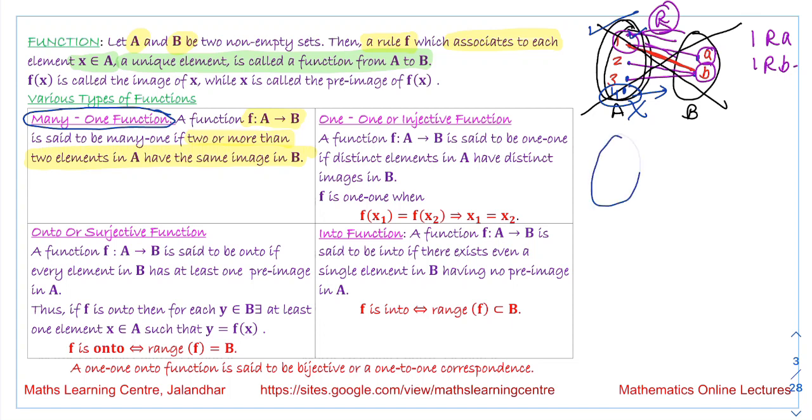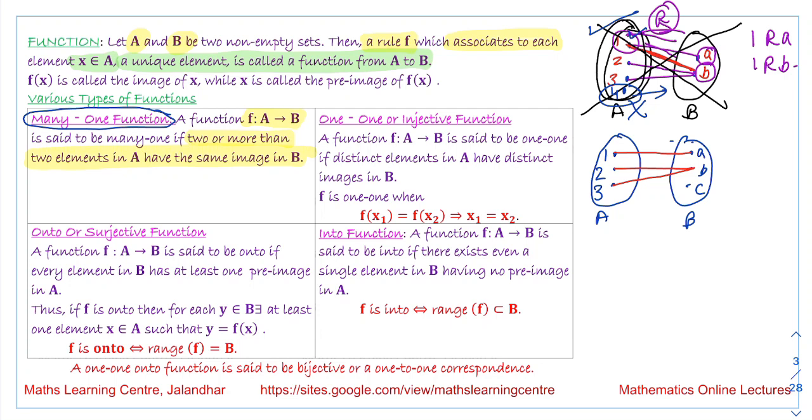Now we are having this set A and another set B. In A we have elements say 1, 2, 3. Over here we have elements a, b and c. We are saying 1 has the image a, 2 has the image b and 3 has the image b. Now in this case, this is a function.